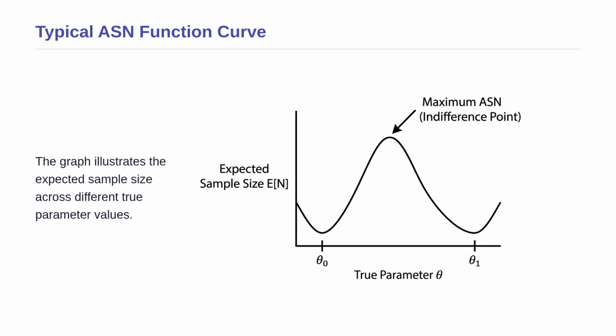At these points, the test is highly decisive and finishes quickly. However, in the middle region between these 2 points, the curve swells upward, reaching its highest peak. This peak is the maximum average sample number, occurring exactly at the indifference point where the data looks equally likely under both hypotheses. This visual perfectly captures the worst-case scenario for our sequential test's duration.